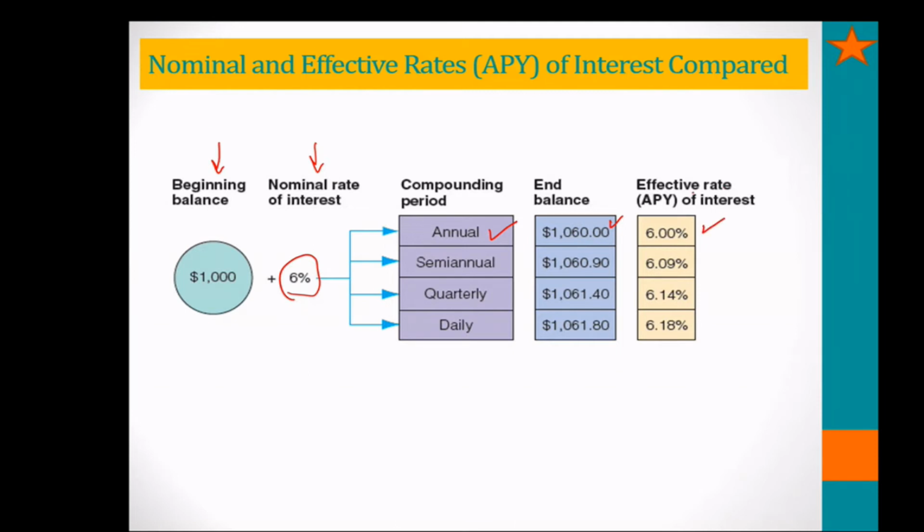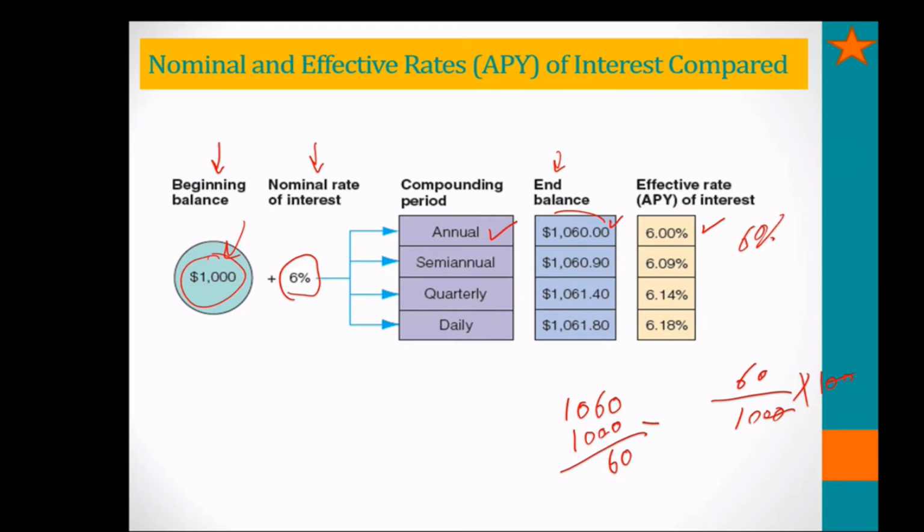To calculate the effective rate, I need to find the end balance: $1,060 minus the amount 1,000 is 60. I take this 60 and divide by 1,000, times 100 to get a percentage, just 6%.